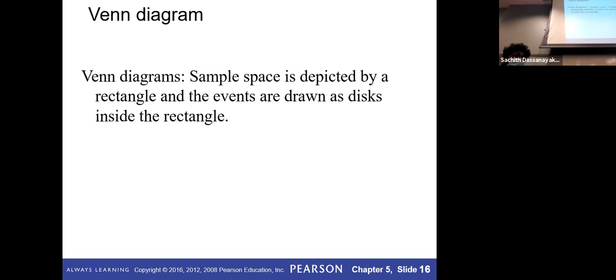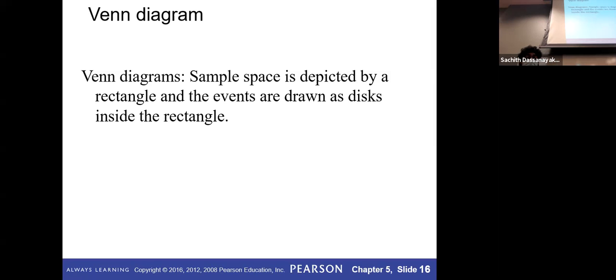Simple cases like flipping a coin 2 or 3 times, or rolling 2 or 3 dice. Very general examples we can illustrate using Venn diagrams. It's a picture. We use shapes to illustrate what we have in our sample space.